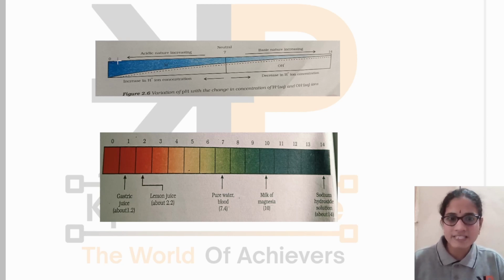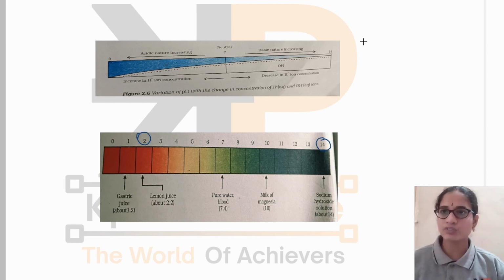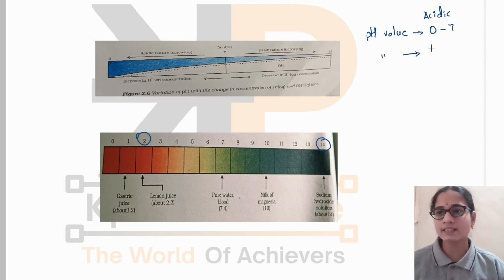As you move from 0 to 7, this covers the acidic nature of the substance. If the pH value of a solution is between 0 and 7, then it is acidic. 0 to 7 means 0 to 6.9 something. If the pH value is exactly 7, then it is neutral in nature.